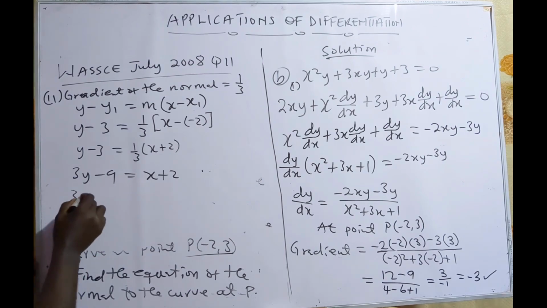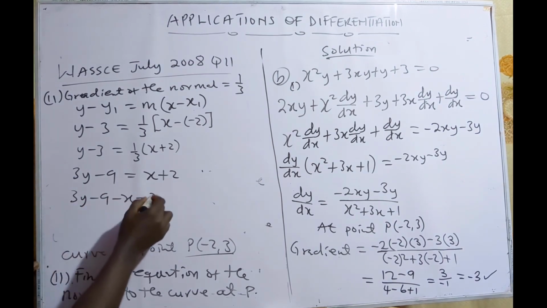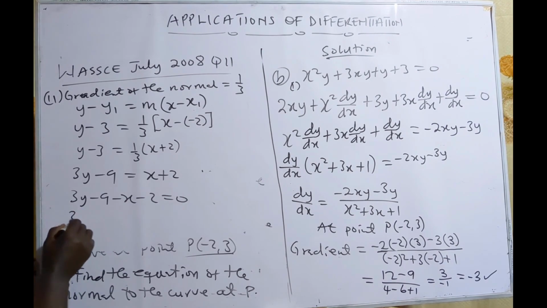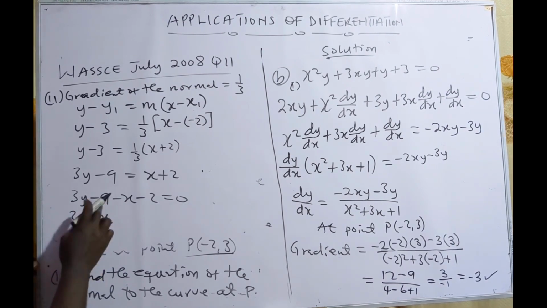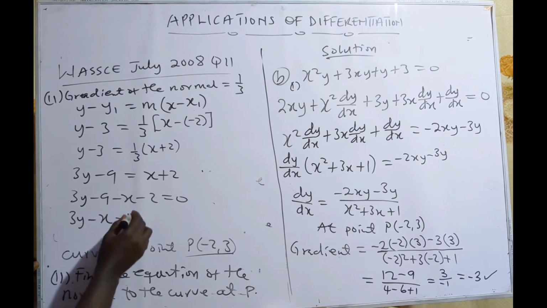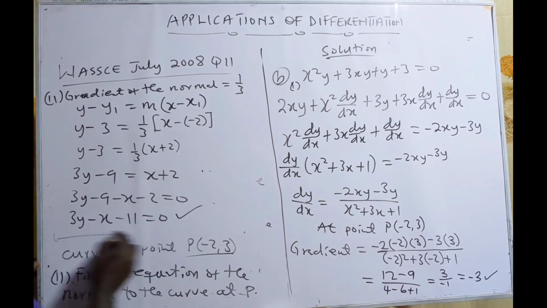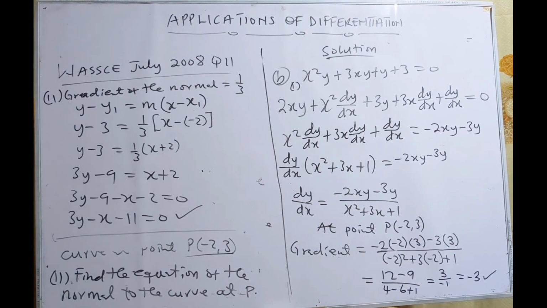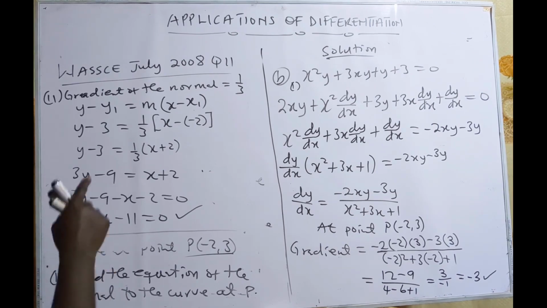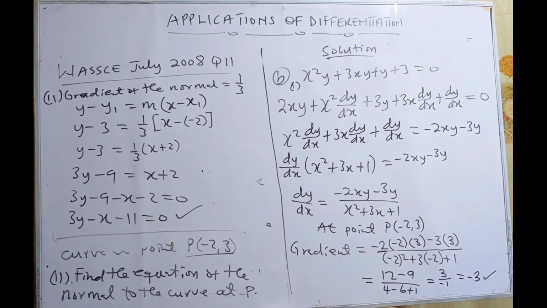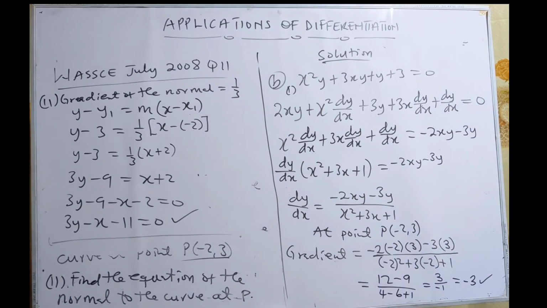So 3y minus 9 minus x minus 2 equal to 0. So 3y minus x minus 9 minus 2, minus 11, equal to 0. So the equation of the normal at the point P -2, 3 is 3y minus x minus 11 equal to 0. I believe this is clear to understand.